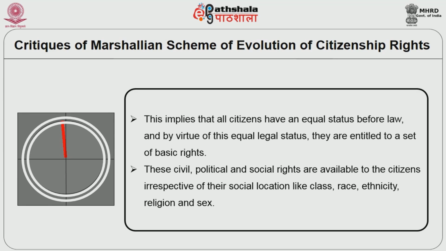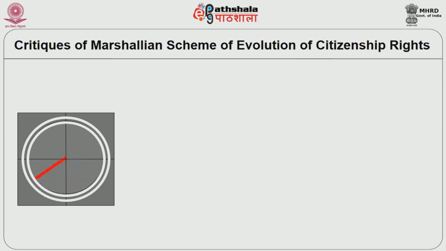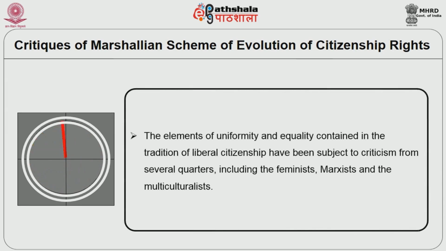These civil, political, and social rights are available to citizens irrespective of social location like class, race, ethnicity, religion, and sex. The elements of uniformity and equality contained in the tradition of liberal citizenship have been subject to criticism from several quarters, including the feminists, Marxists, and multiculturalists.